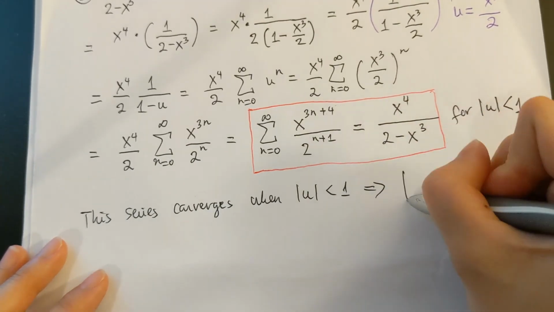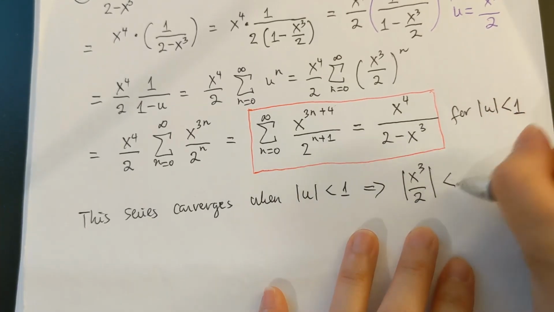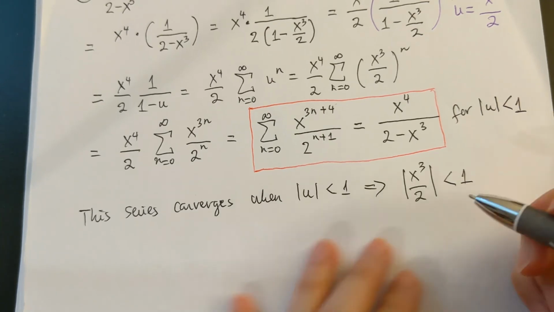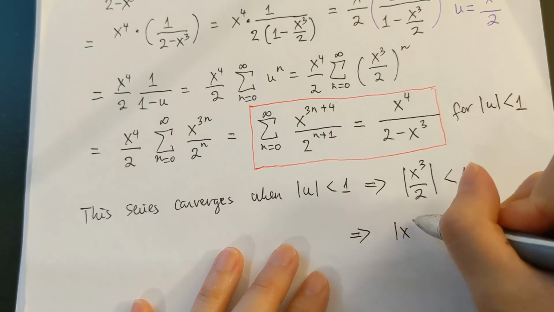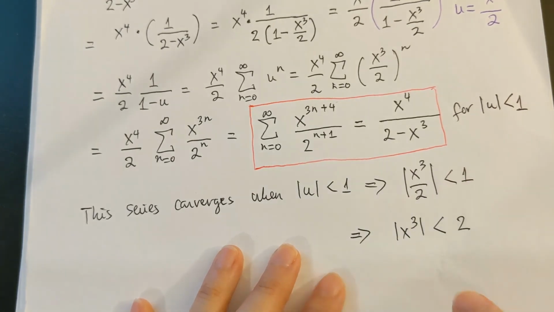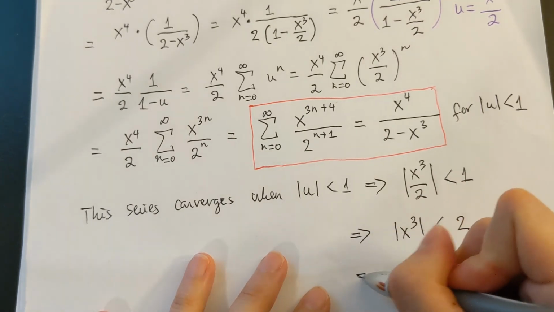So this means the magnitude of x cubed over 2 has to be less than 1. So this means x cubed is less than 2. Now take the cube root of both sides.